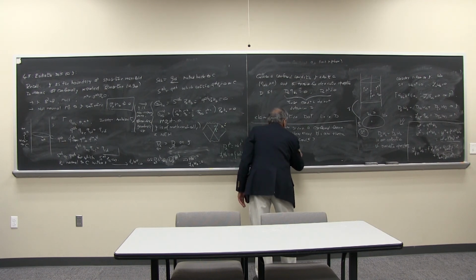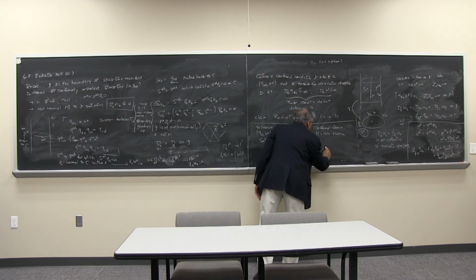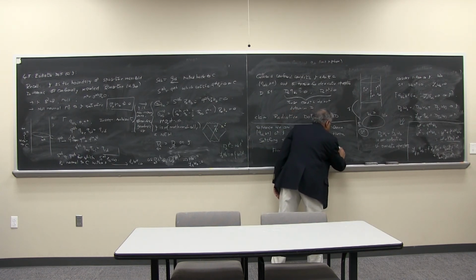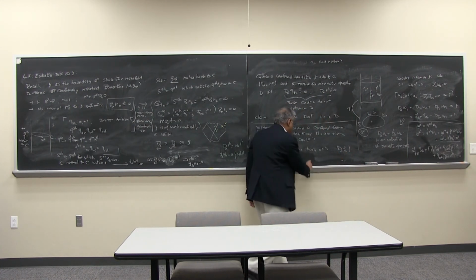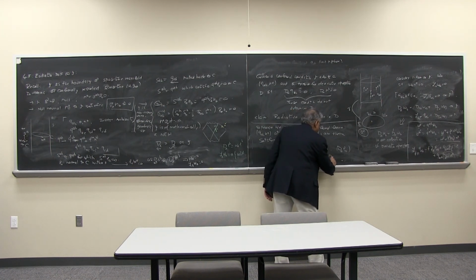Freedom in the choice of D: I just have to specify what D_a L_b is for some L_b, which is such that L_b N^b is not equal to 0, so let's say equal to 1 or minus 1.